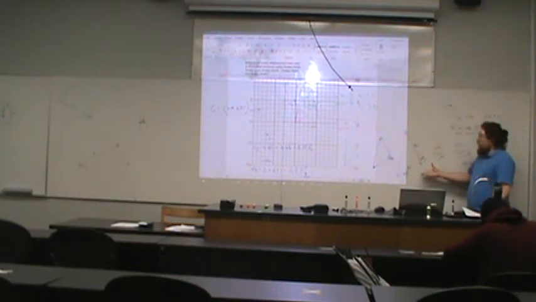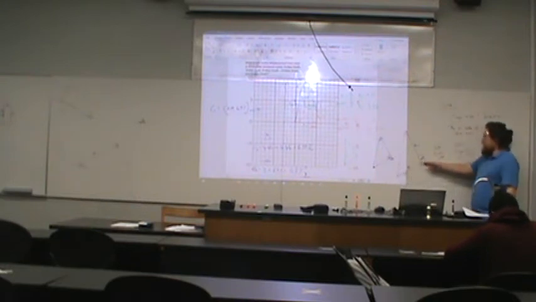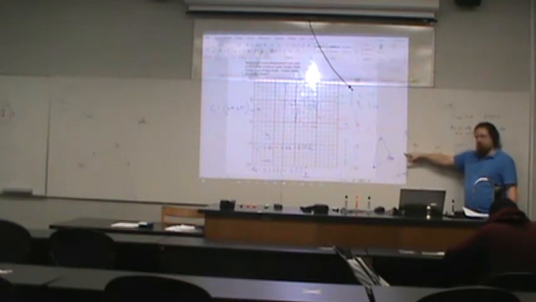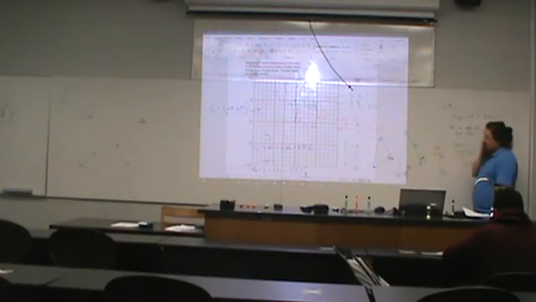Because if we were walking this path, we did branch A, then we did branch B, the displacement from start to finish would be this red line. And that is the graphical answer. And we form a triangle.